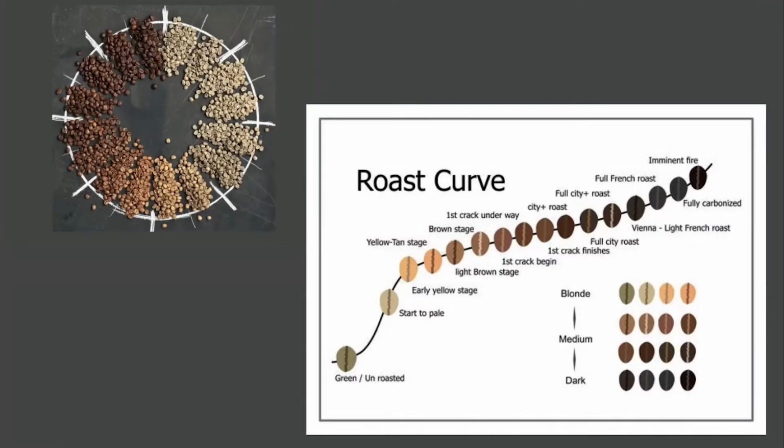The first crack is due to water expanding and then basically exploding the beans, increasing the volume of the beans and doubling the size of the beans. That's the first crack. It's really loud. It sounds like popcorn. The second one is due to the increased heat and the collapse of the cellulose in the structure.